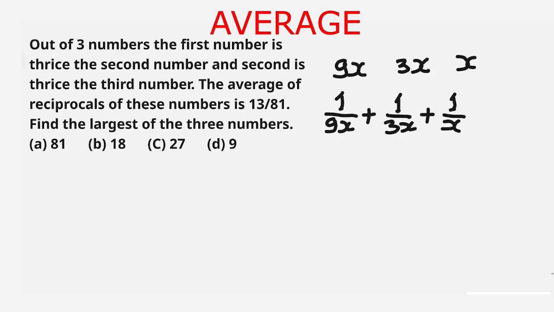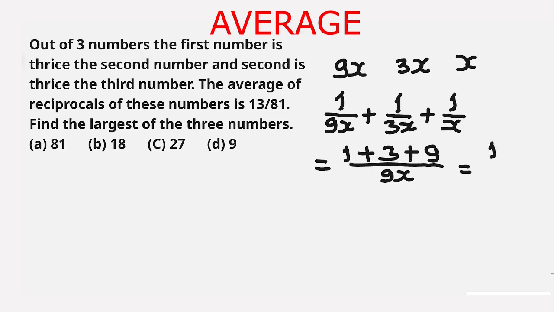And this is equal to, the LCM of the denominator is 9x. 9x divides 9x for one time, so it is 1 plus. 3x divides 9x for 3 times, so it will be 3 plus. x divides 9x for 9 times, so it will be 9.